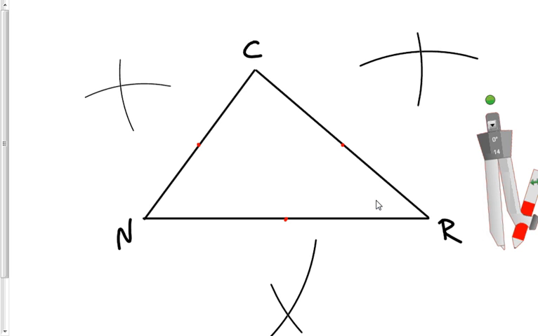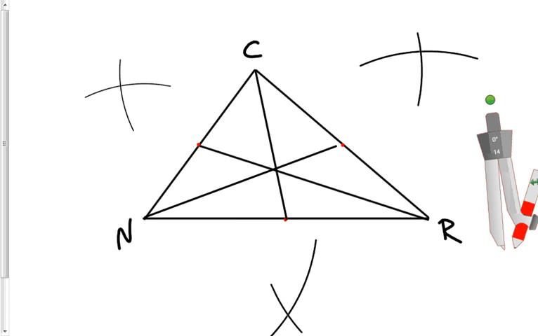There we go. And now I can actually construct the medians. So from C to this midpoint, from R to this midpoint, and from N to this midpoint.